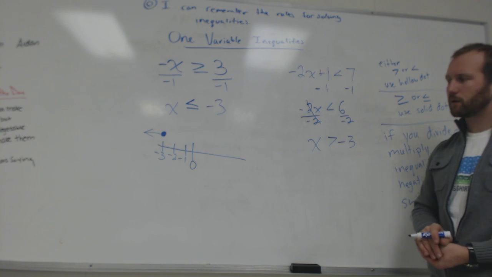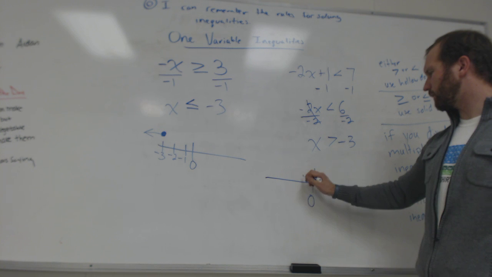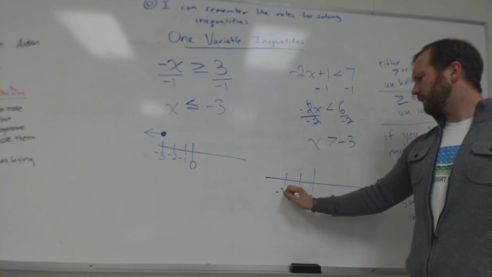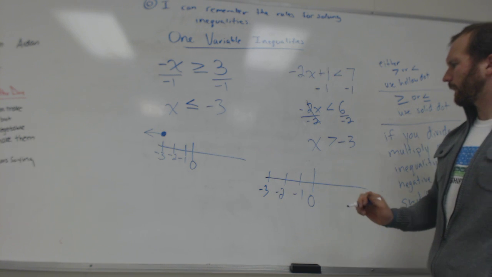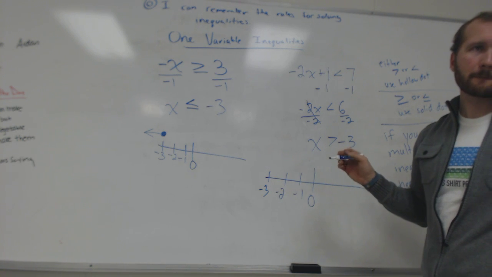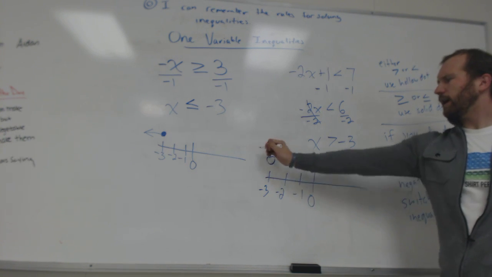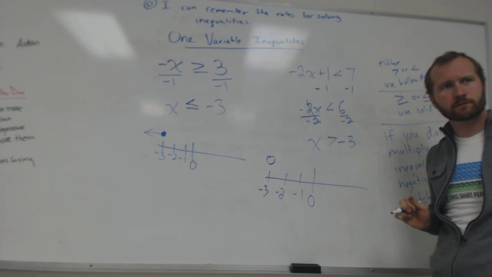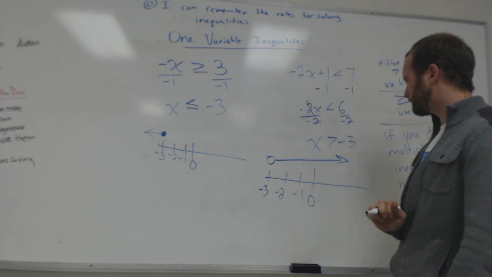Okay? 0, -1, -2, -3. Solid dot or hollow dot? Hollow dot. To the left or to the right? To the right. Greater than means to the right.